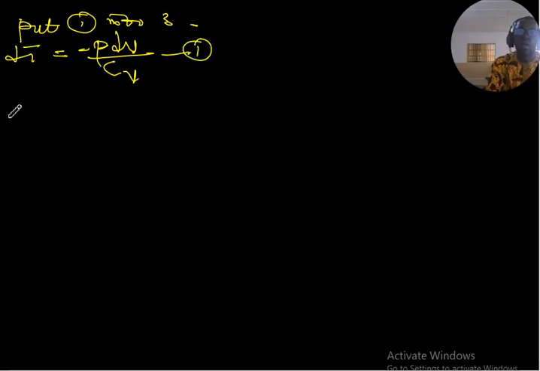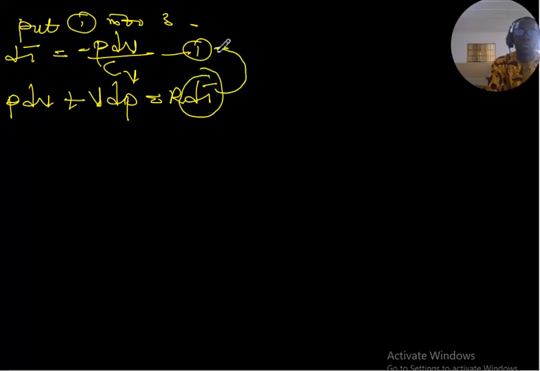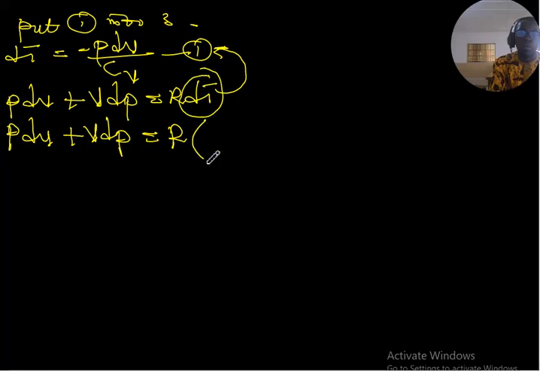And equation 3 is P dV plus V dP equals R dT. So I'm replacing this dT with this. I'm going to have P dV plus V dP equals R, open bracket, negative P dV over Cv, close bracket.